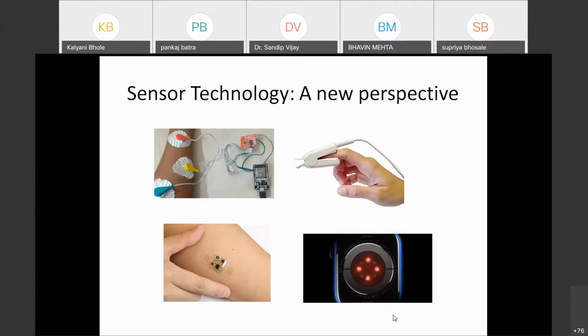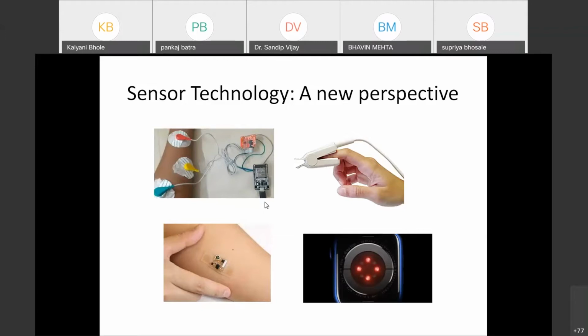We see that when we think of an ECG, ECG is nothing but an electrocardiogram, and this is the signal which is measured from the heart, which gives us significant information about the working of the heart, whether the heart is working properly or not, or whether you have some disorder or not.